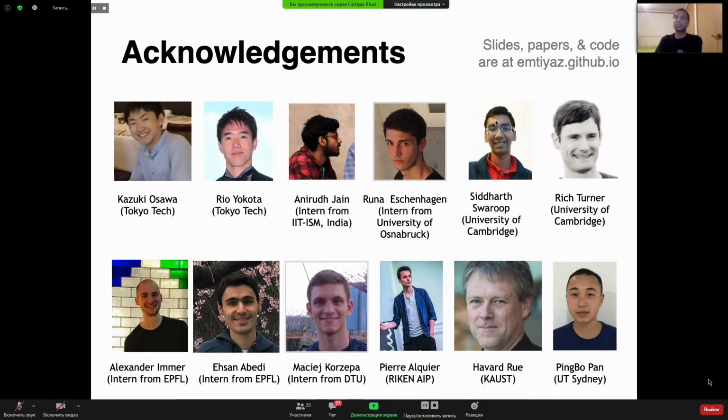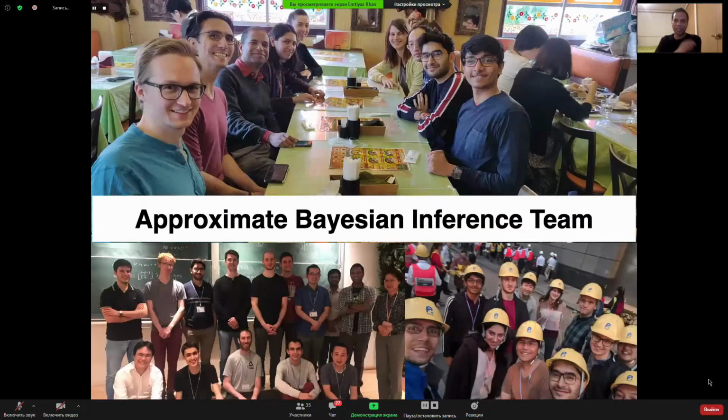Continual learning was done with some of them. Then the function space work that I didn't talk about much was done with these 3 students. And Pierre Alquier is a colleague of mine who has been helping me understand this sequential learning problem. And Pingbo was also an intern here, and he also contributed to the continual learning problem. So with that, I will conclude the presentation and we can go into the questions.